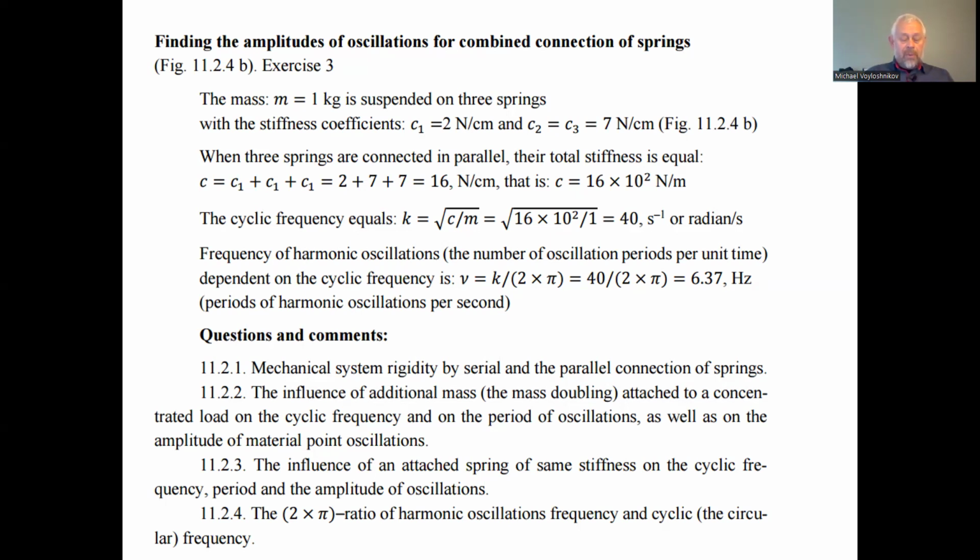The 2 pi ratio of the harmonic oscillation frequency and the cyclic or circular frequency. We can consider two frequencies. One frequency is how many oscillations per unit of time we have of the load suspended by the spring. This is the frequency of the harmonic oscillations, and the unit is Hertz.